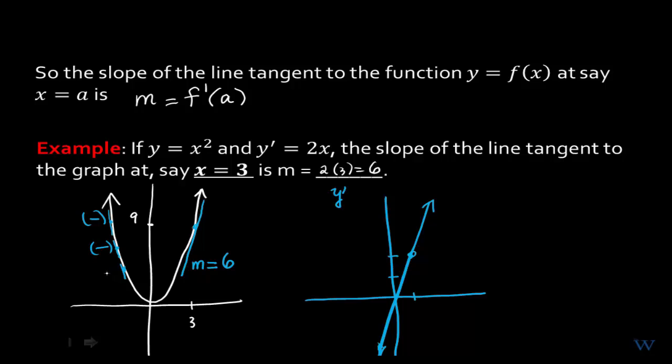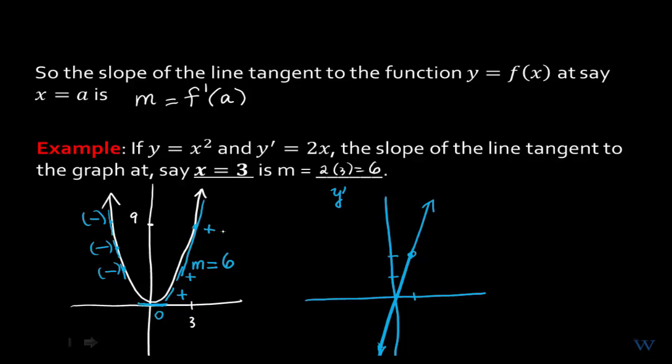So you see all these lines that are tangent to y equals x squared are negative, and then it becomes 0 when we hit the vertex, because the slope of the line tangent to the curve there is 0. And then past 0, when x is greater than 0, we see all these tangent lines are positive. We have all this positive slope, and of course our example m equal to 6 is positive.